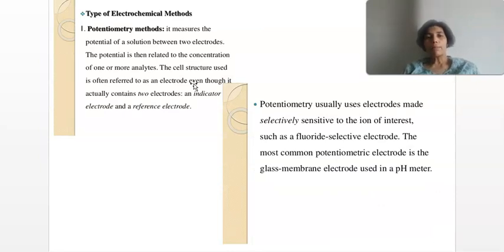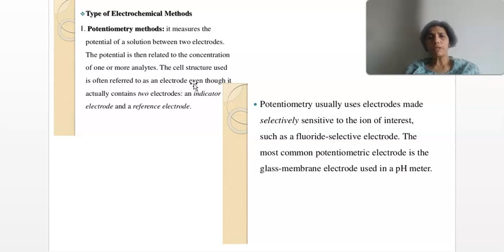Now types, potentiometric methods. First of all, let's discuss this instrument and its method. It measures the potential of a solution between two electrodes. The potential is then related to the concentration of one of the analytes. The cell structure used is often referred to as an electrode, even though it actually contains two electrodes, an indicator electrode and a reference electrode. So the complete setup is called a cell structure.